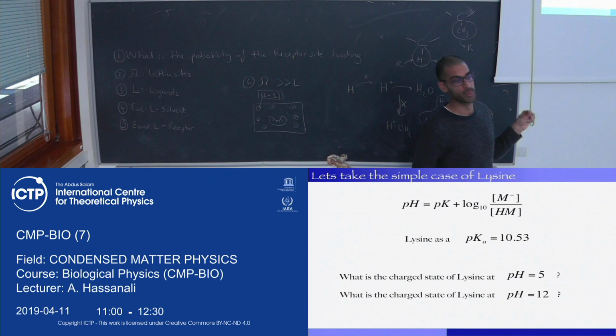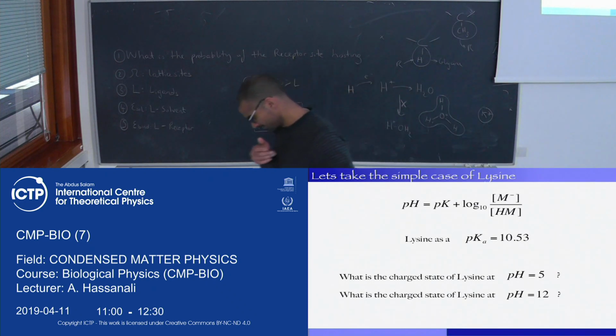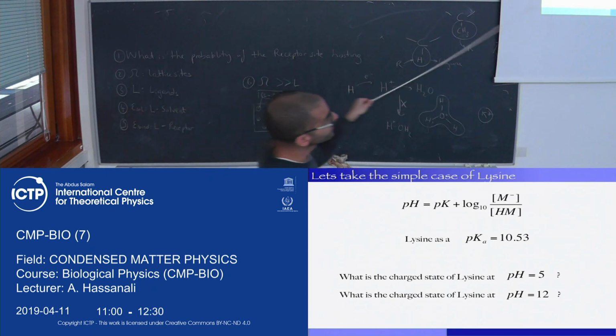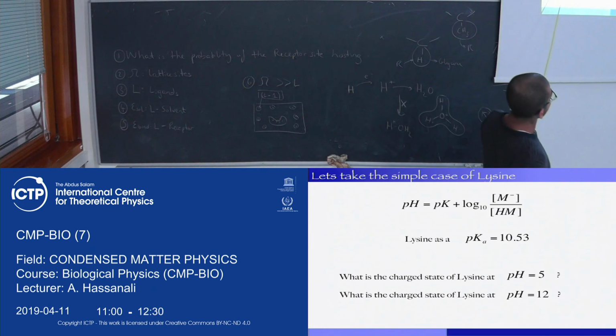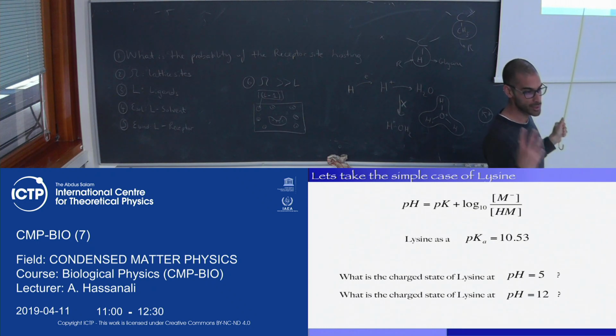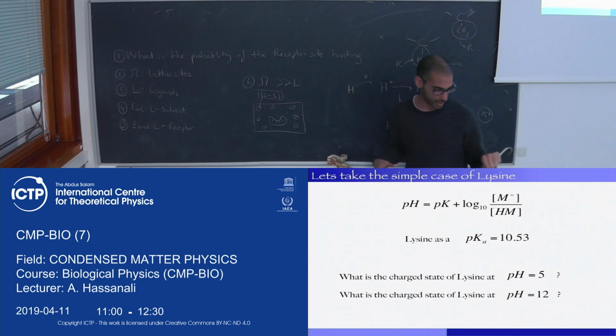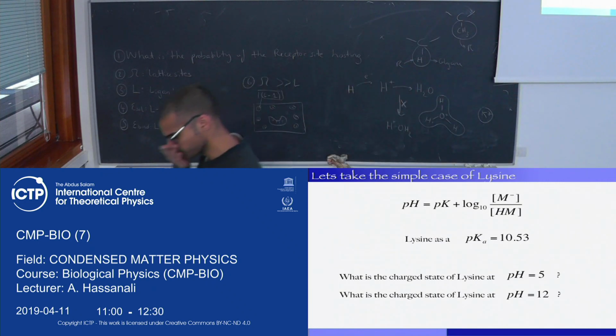I want you to start with lysine, and I want you to tell me, if I take lysine at pH 5, what is the total charge on lysine? And if I take it to pH 12, what is the total charge on lysine? That's the question. And you have all the information to be able to answer this in the two documents that I gave you.